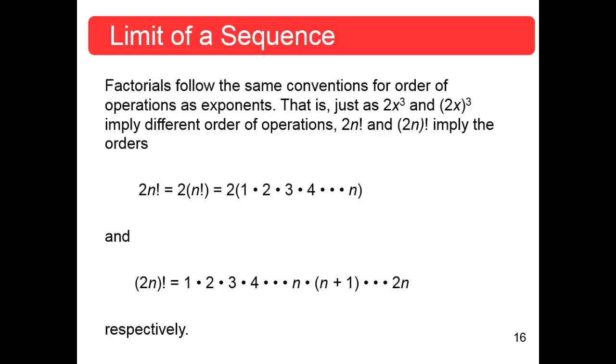This would be 2 times n factorial. If n was 5, that would be 2 times 5 times 4 times 3 times 2 times 1. Whereas this would be, if n was 5, 2 times 5 is 10. That would be 10 times 9 times 8 times 7 times 6 times 5. Okay. So very, very different numbers.